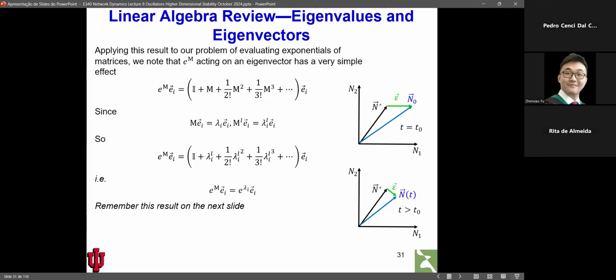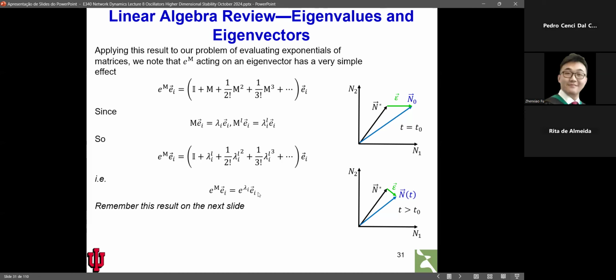So it's the identity, and then you have all these things here. Then you can write, yeah, because the identity applied to EI is EI, right? And then you have the identity written in everything here. But when you have e to the M applied to EI, you have e to lambda I, EI, like that.